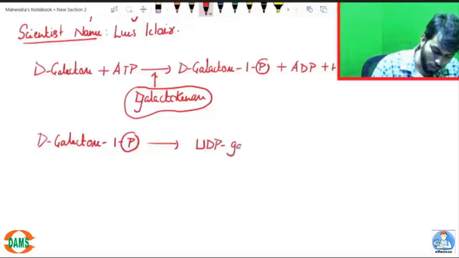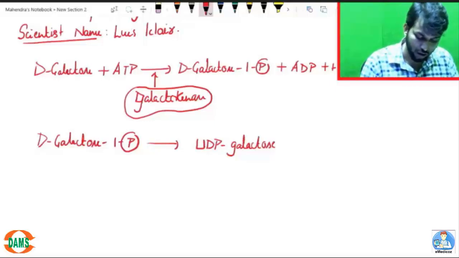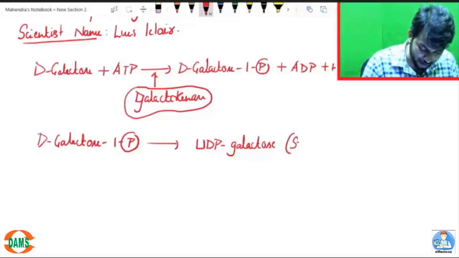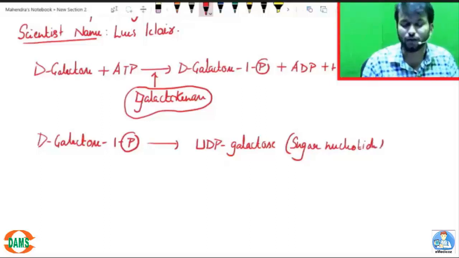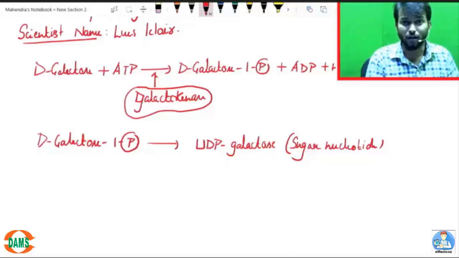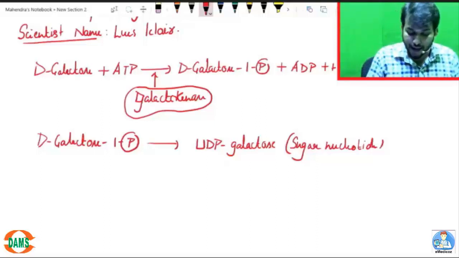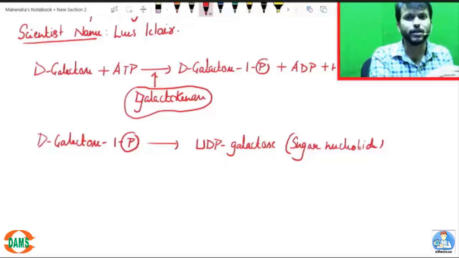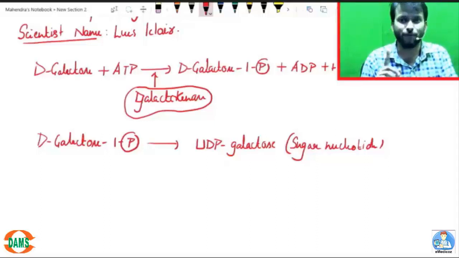As we know, UDP is uridyl diphosphate, and the whole is known as a sugar nucleotide, which gets converted into UDP galactose with the help of transferases, because here galactose is transferred from galactose 1-phosphate to the uridyl diphosphate group.